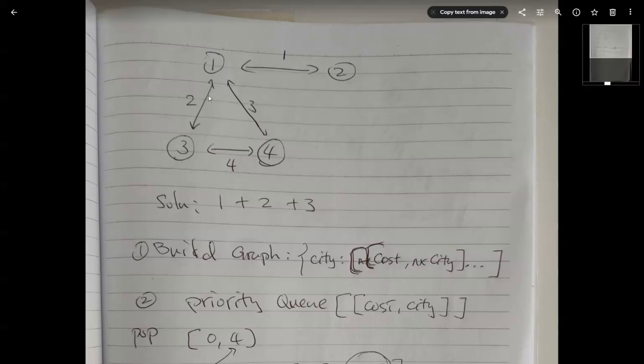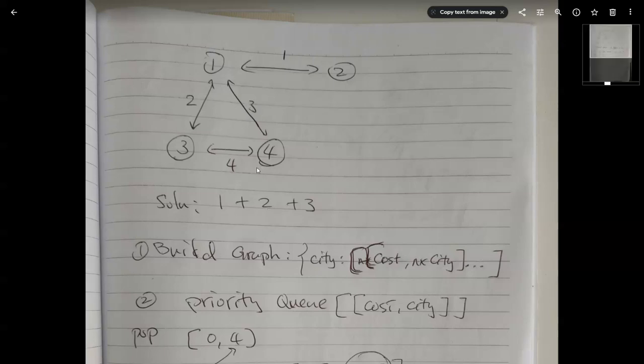For each connection, when we have a choice, like 2 and 4, we take the minimum, which is 2. And when we are at the node of city 4, we have two choices, 3 and 4, and we consider the choice that has the minimum cost, which is 3 in this case.